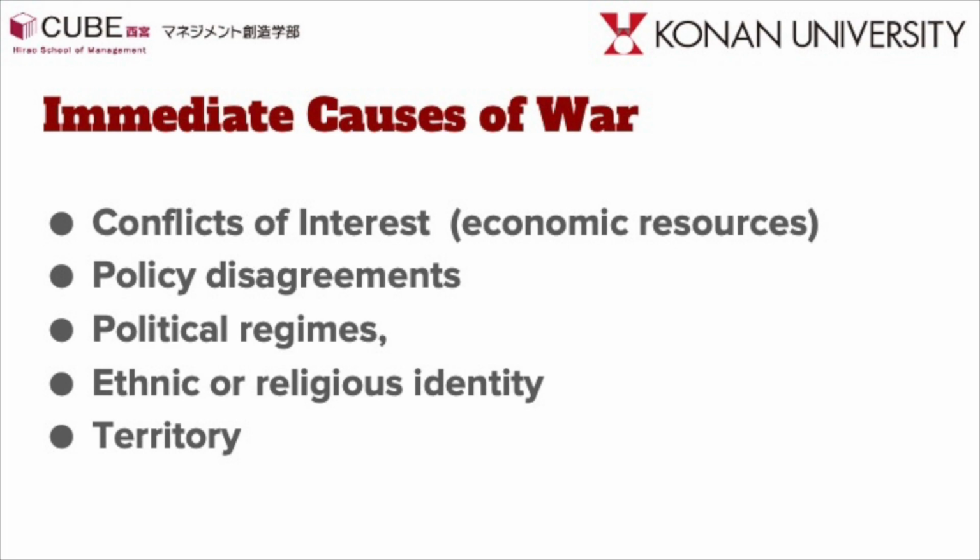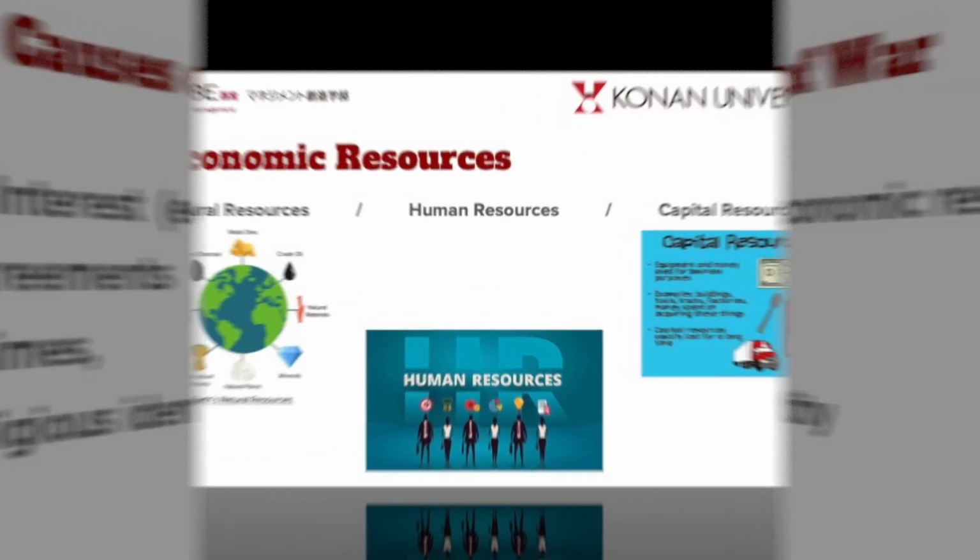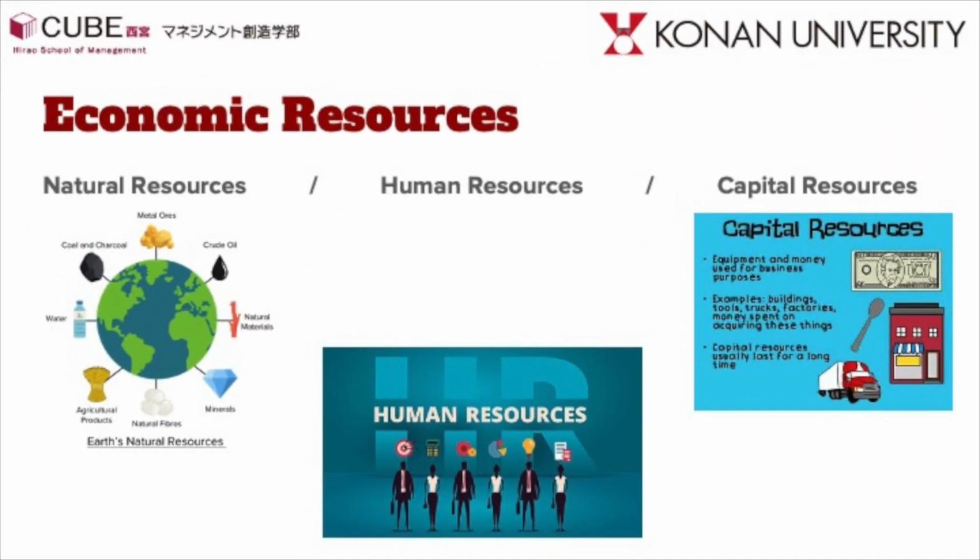So first of all, in terms of economic resources, countries often clash over scarce resources. For instance, the Arab-Israeli War in 1967 was caused by or increased in part by disputes over water resources. Energy resources like oil and natural gas have also been the center of conflicts.